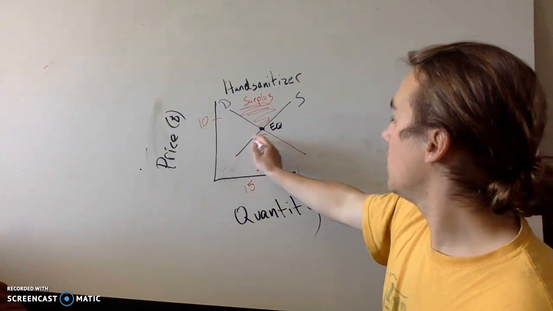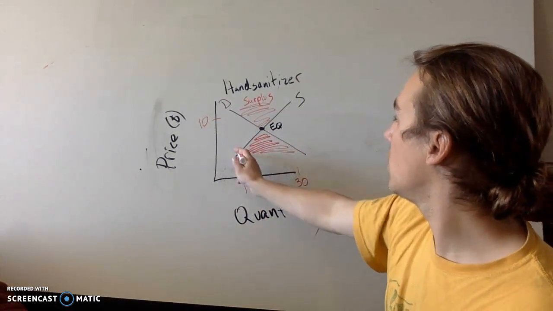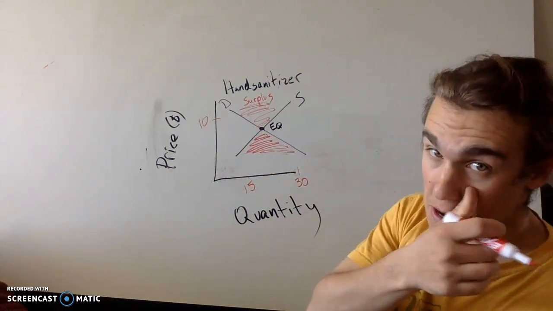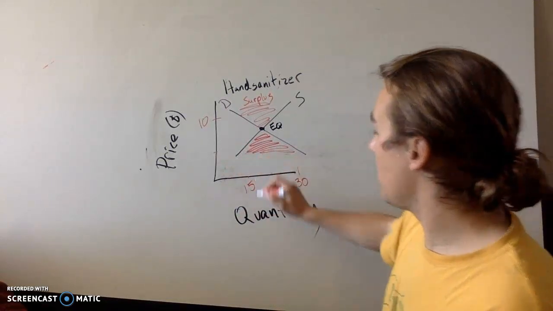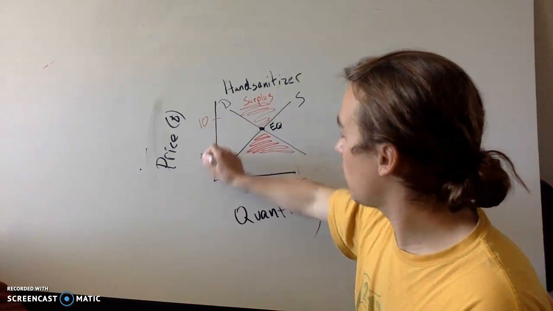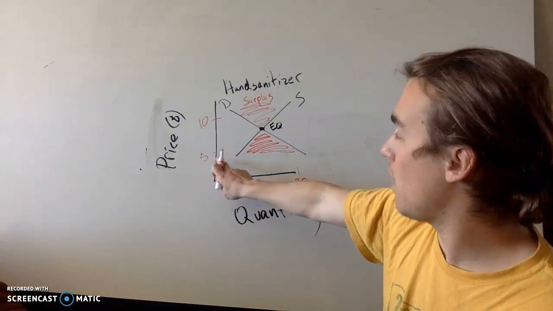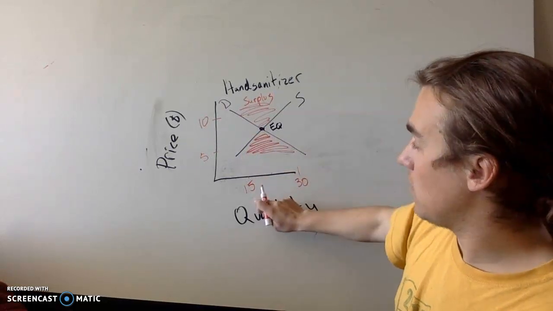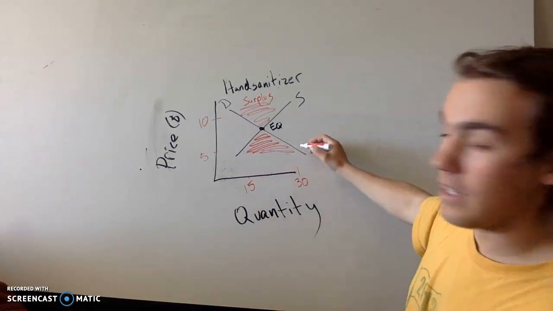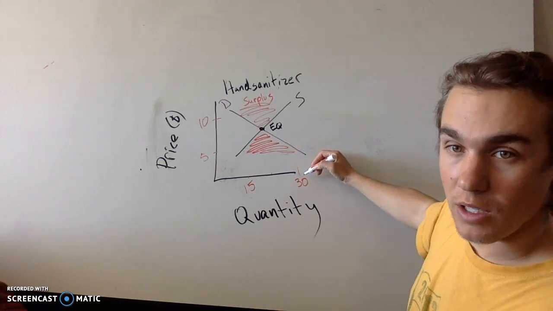Cool. Now down here, you have the opposite. I'm going to make up some numbers again. Let's say if the price is $5, we'll follow that line across, then the amount being supplied is 15, and the amount being demanded is 30.